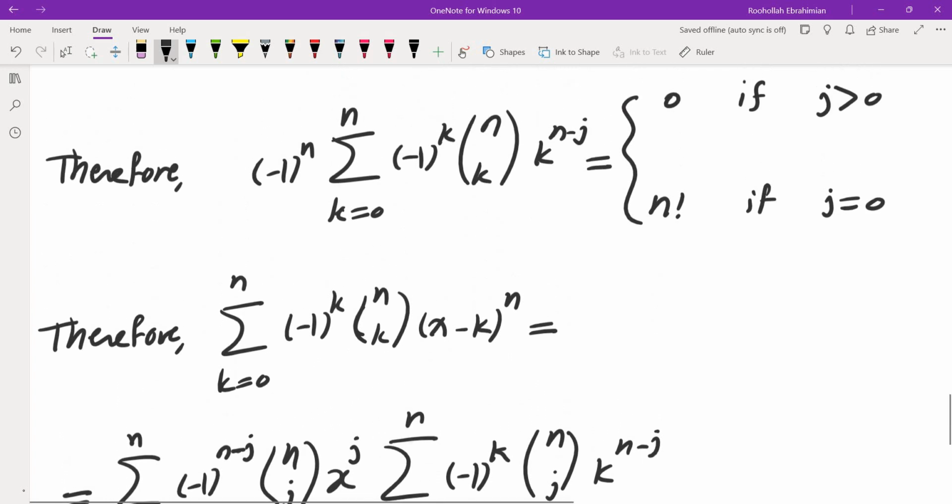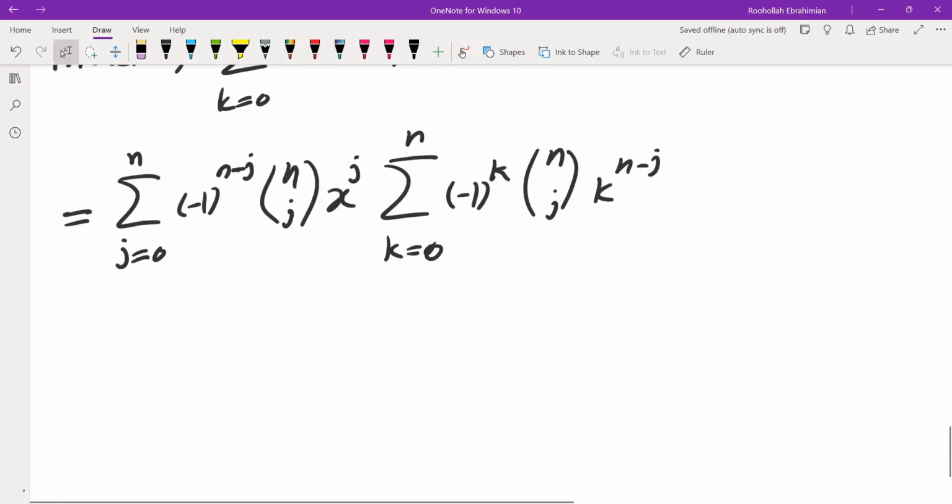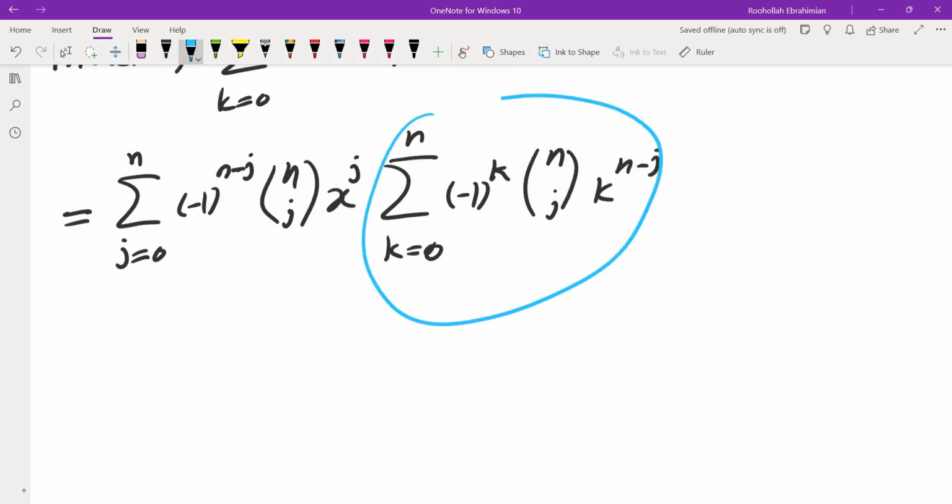Now this sum, we just saw that this sum is 0, almost always, except for when j is 0.